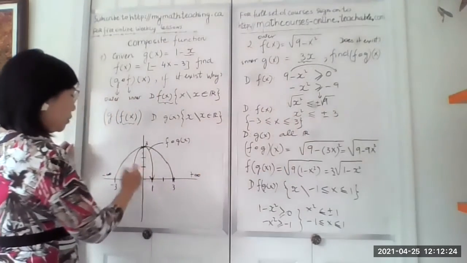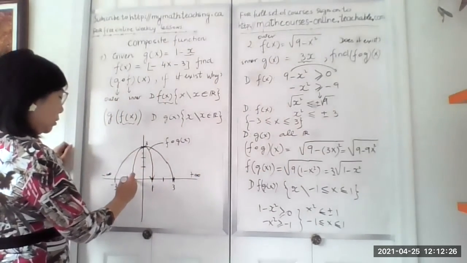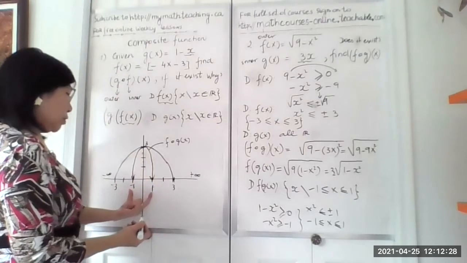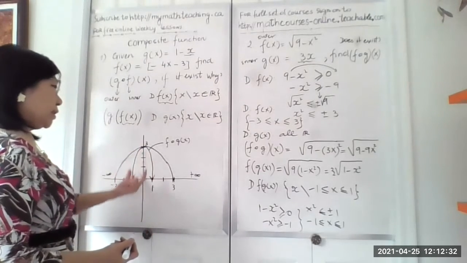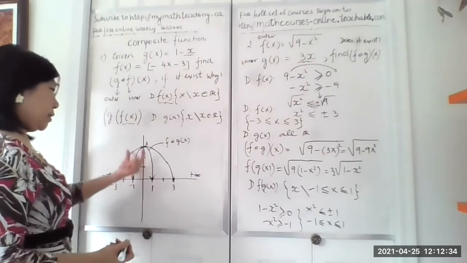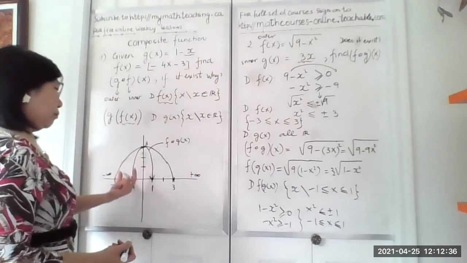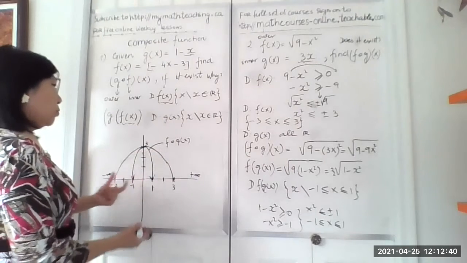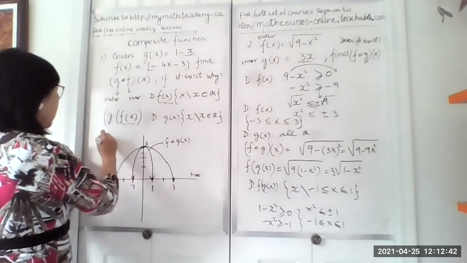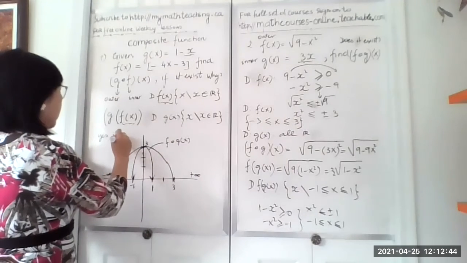But because we put it inside, the domain of g of x is restricted to between -1 and 1, which can fit inside this outer domain. So you can say, yes, it exists.